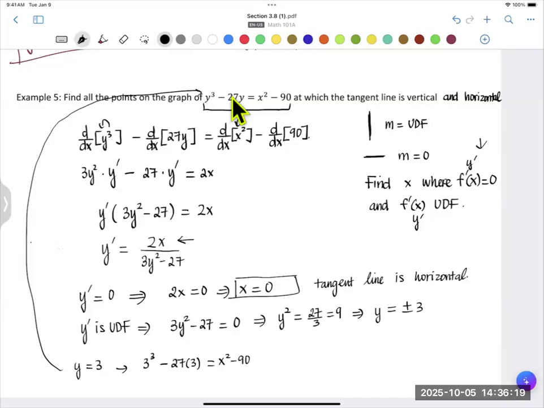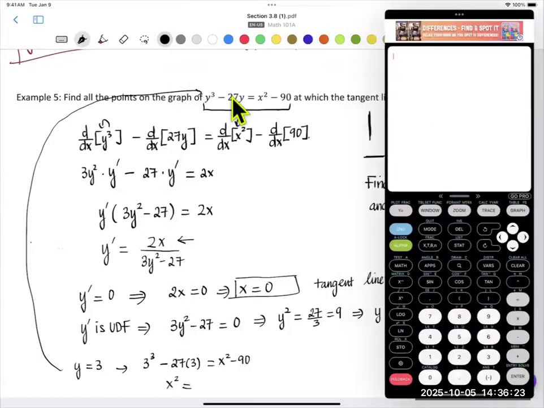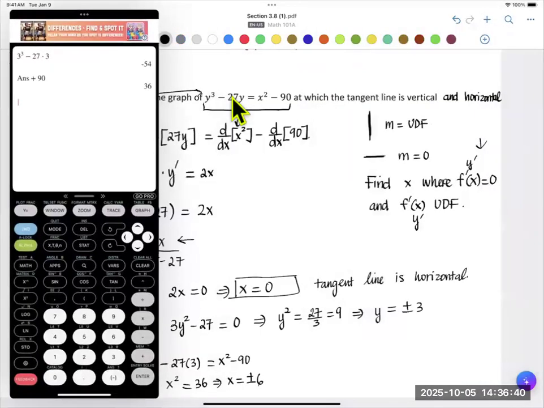This gives us x squared equals 3 to the power 3 minus 27 times 3, and then add 90. So we have x squared equals 36, which gives you x equals plus and minus 6. All right, so we have two of the vertical tangent lines at x equals plus and minus 6.